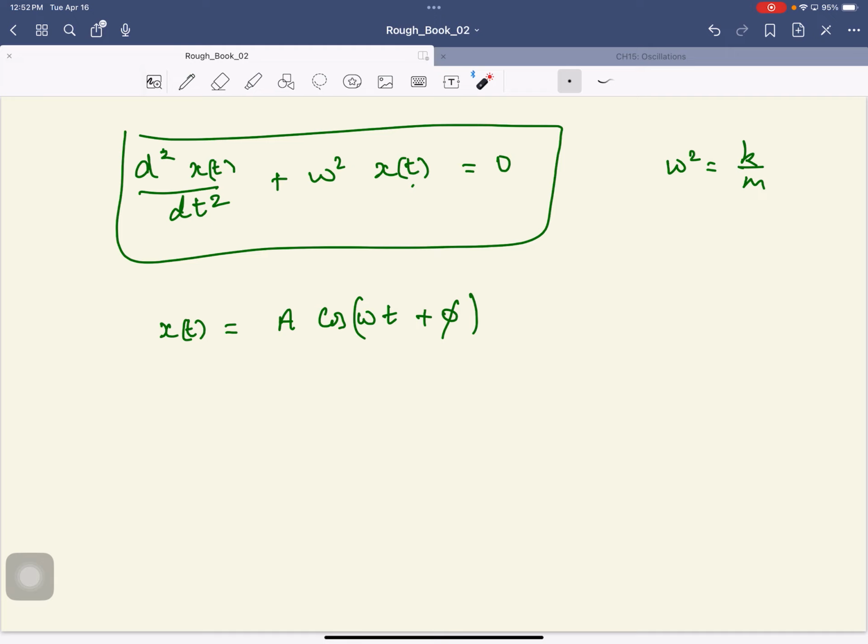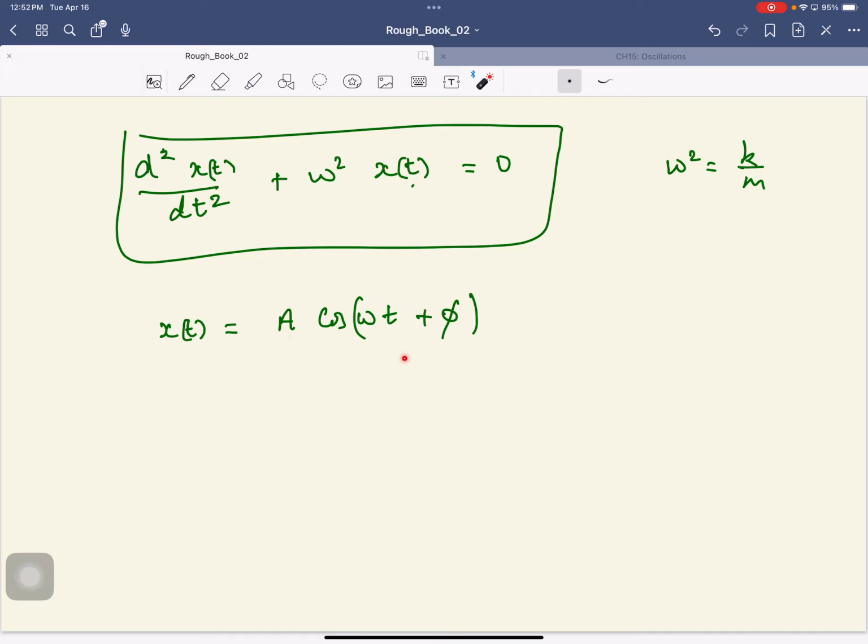So now here's a general feature. Look at this solution. There's this A, and there's this phi. These are nowhere in the equation. Omega squared is in the equation. So here's a general feature of differential equations: if it's a second order differential equation, you'll get two constants in the solution.